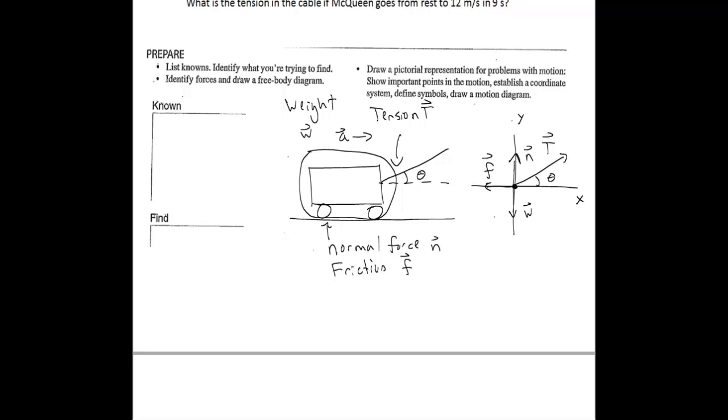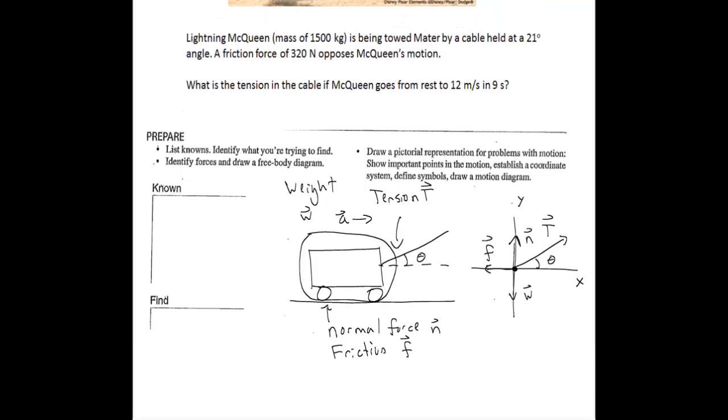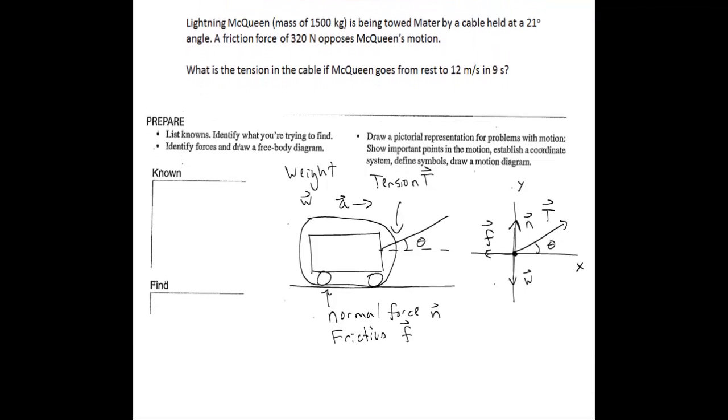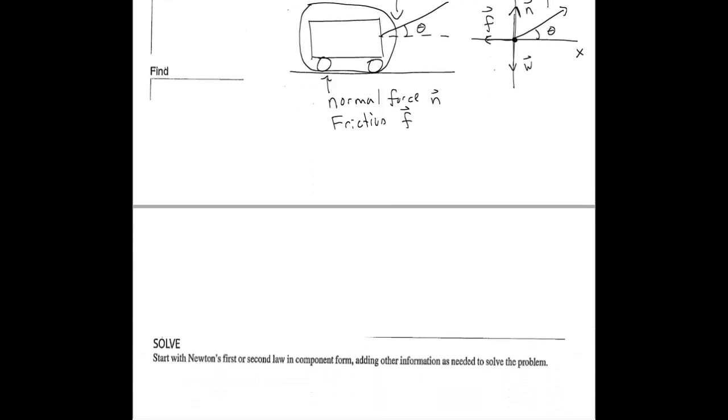But Lightning McQueen, as we're told, is also accelerating, and we're told how he's moving. Namely, McQueen goes from rest to 12 meters per second in 9 seconds. So in addition to the force identification diagram and free body diagram, we're going to need to draw a motion diagram.